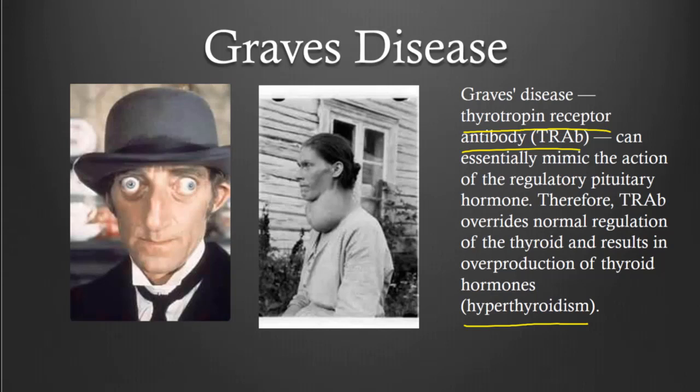And if you have this overproduction of thyroid stimulating hormone because of this antibody mimicking thyroid regulating hormone, it's going to get this pumping out action to the thyroid. You might also get a goiter, which is a massive hypertrophy of the thyroid gland, because it's trying to work so hard because it keeps getting the signal: make more thyroid hormone.